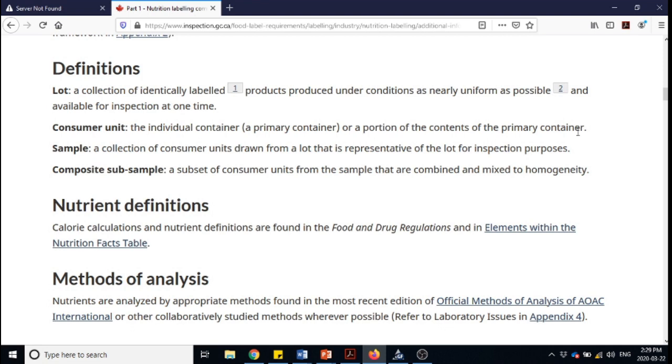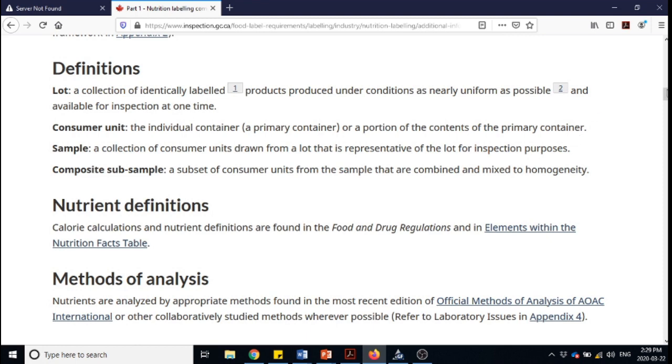Consumer units, those are those primary containers that a customer would buy at their level. That sample is where they're pulling the statistical units from the consumer units. And then they're compositing them. They're at the CFIA's lab. They're going to take those units and pool them together into groups so that they get a more homogeneous sample.